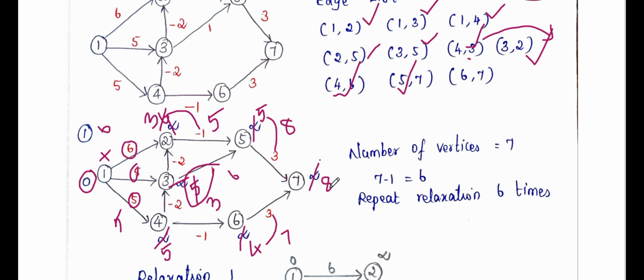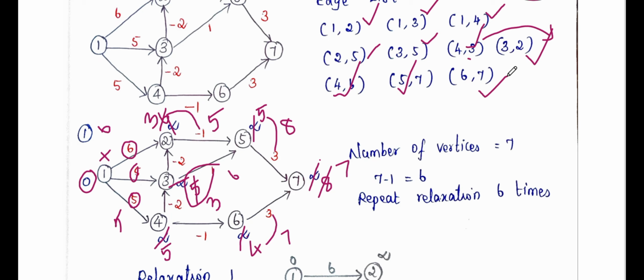So 7 is less than 8. So which one is minimum? Update that value. Okay, 7. Clear? This is called relaxation. Now the first relaxation is over. We update the distances for all the connected edges. Clear? This is relaxation 1.